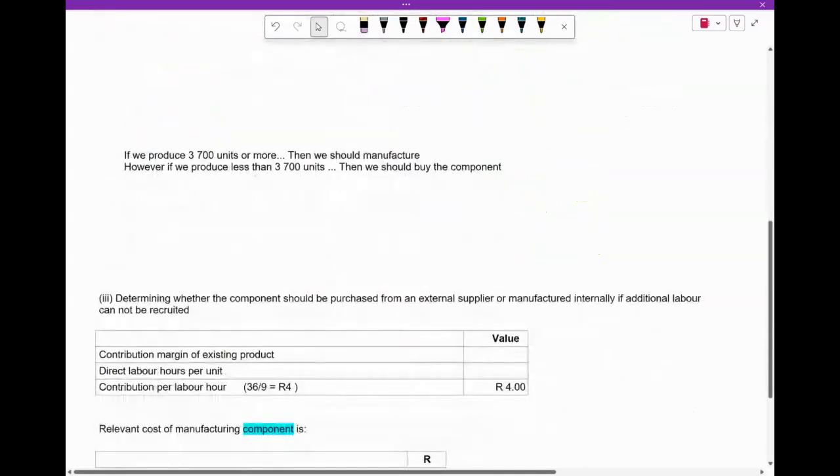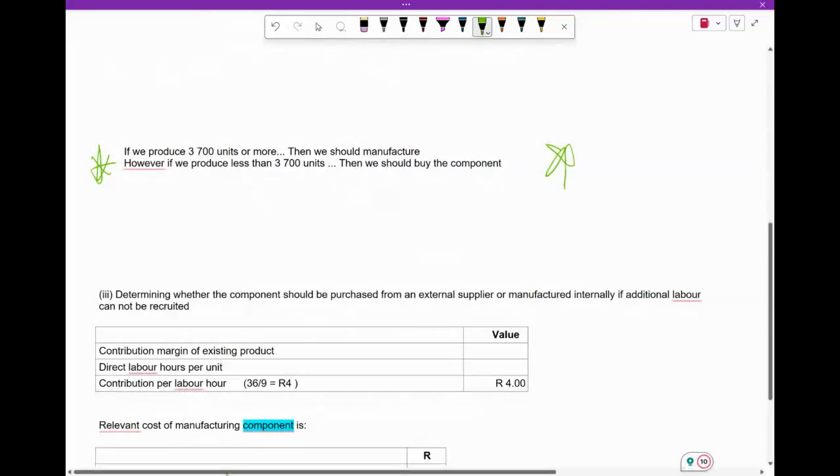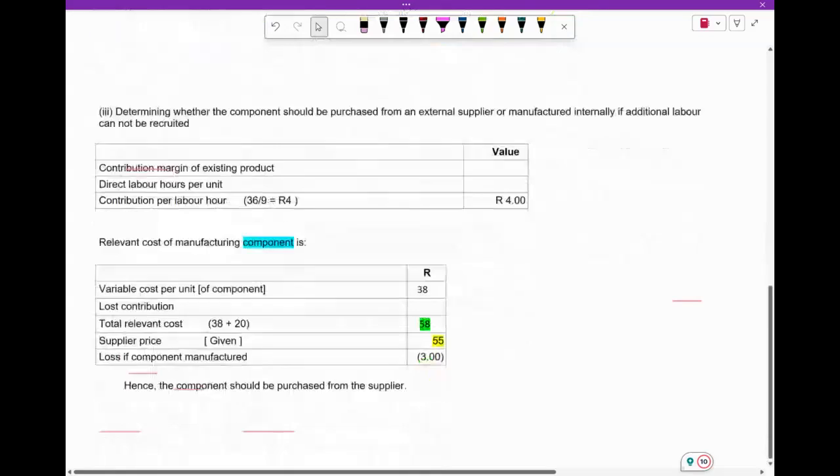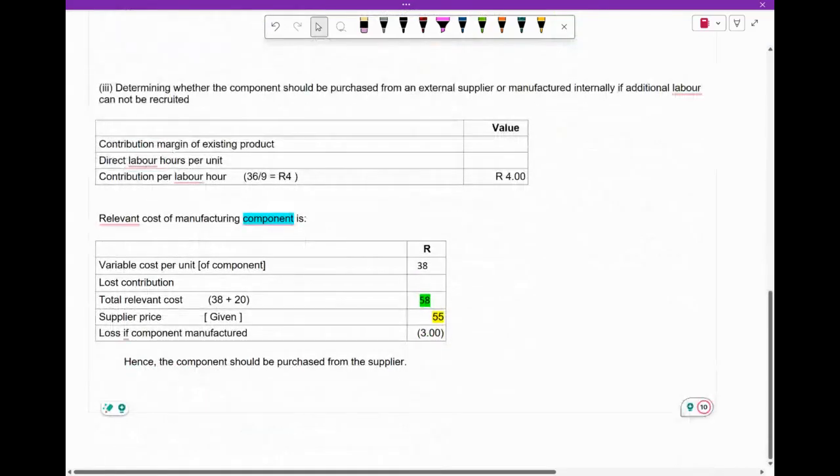Okay, so here you can see it's just reiterating what I explained, to say if we produce 3,700 units or more, then yes, let's manufacture. If we produce less than that, then let's go buy the component, so that we can avoid that fixed cost and we obviously don't make a loss as a result thereof.